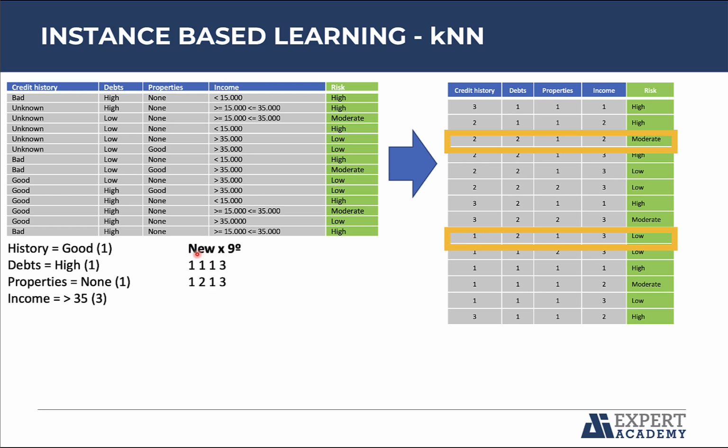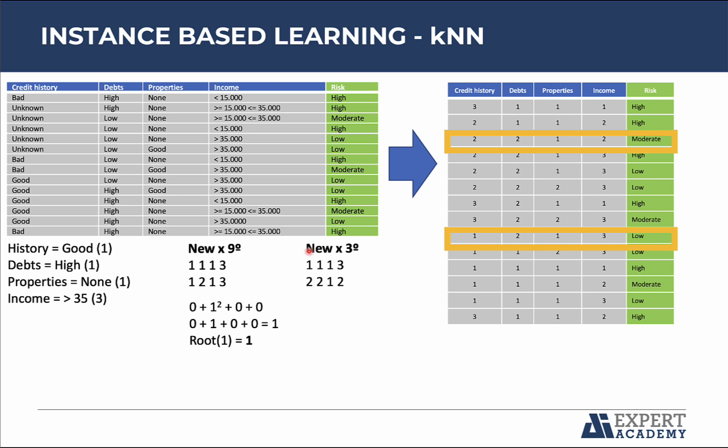So, we calculate the distance between the new customer and instance number 9. We can see here 1, 1, 1, and 3, and instance number 9, 1, 2, 1, 3. We apply the same calculation. We subtract the positions, add the values, and at the end we calculate the square root, which is equal to 1.